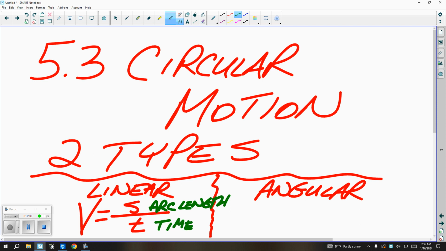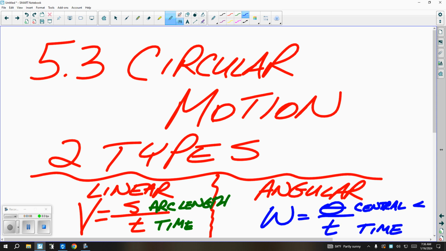And the other one for angular, we're going to call omega, or W, and it's theta over T. Theta is just the central angle over time.